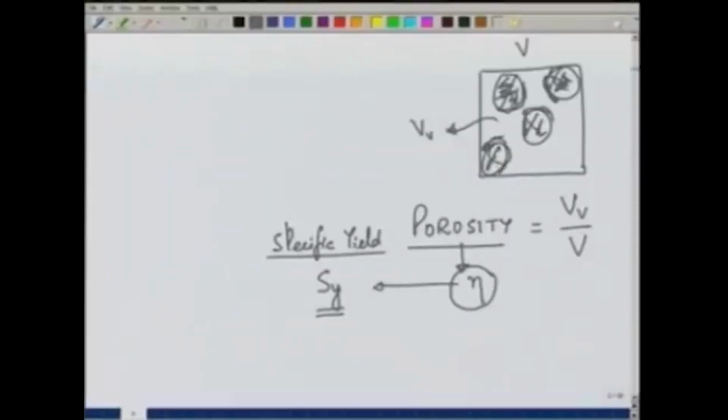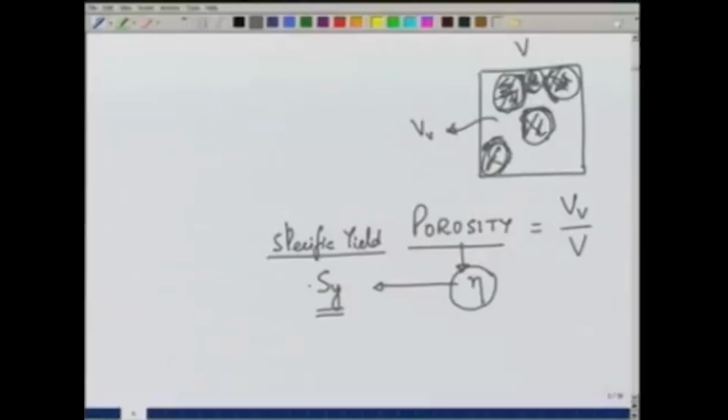So, if you take a soil sample saturated with water and then allow it to drain, after draining there will be some water left inside the sample attached to the grains and maybe sometimes between the grains, but the other water can be taken out, and this is known as the specific yield of the formation.